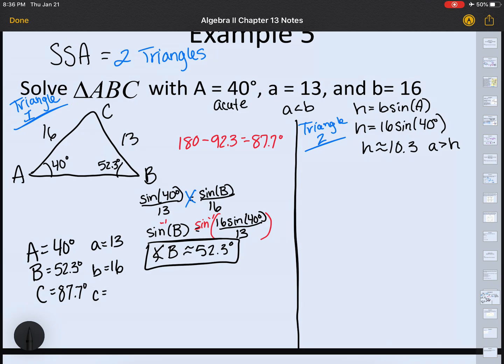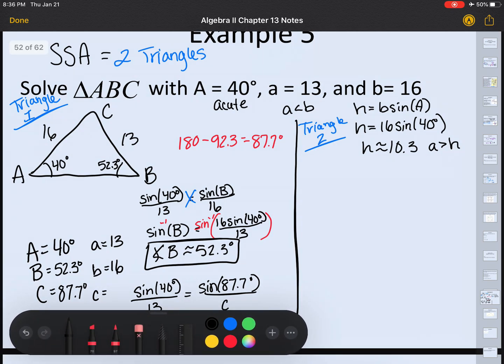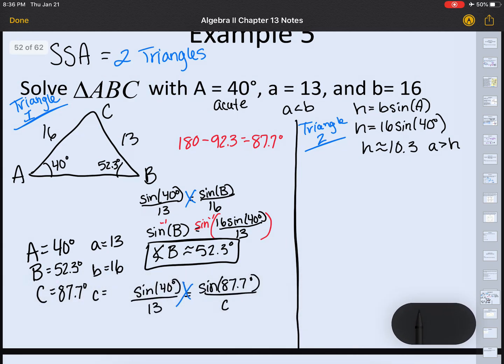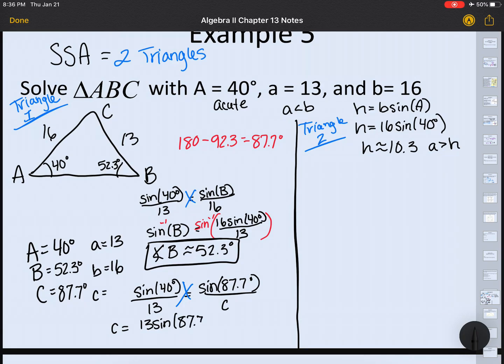All right, and now we're just trying to figure out what side length C is. Now that we know angle C, which is 87.7 degrees, we're going to cross multiply again. So we got that C is 13 sine 87.7 degrees all over sine of 40 degrees.